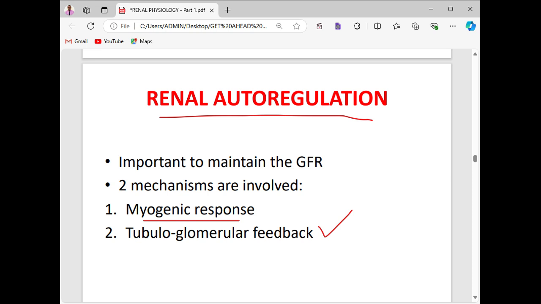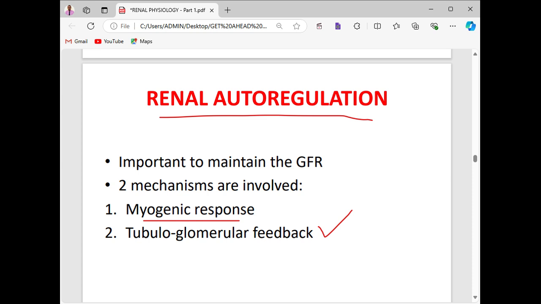Angiotensin 2 is a very potent vasoconstrictor in arterioles. Number two, it increases blood pressure by indirectly increasing the release of noradrenaline from the postganglionic sympathetic fibers.